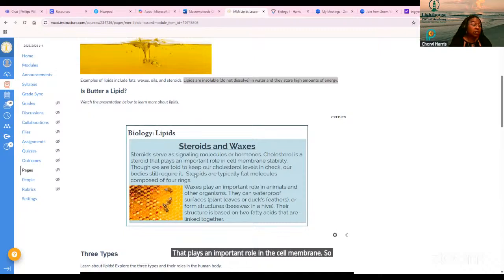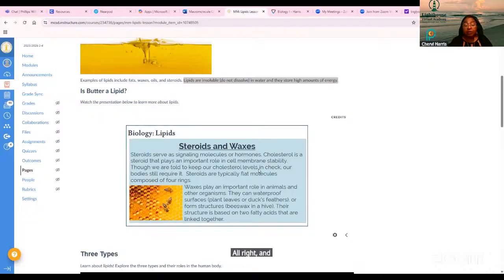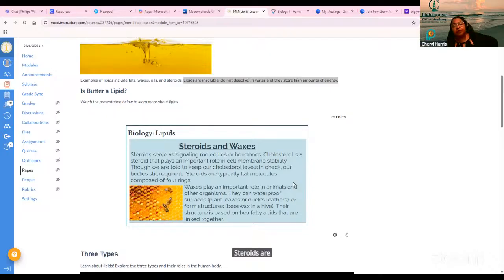So we need cholesterol, we just don't need too much of it. And though we're told to keep our cholesterol levels in check, the body still requires it. Steroids are typically flat molecules composed of rings.